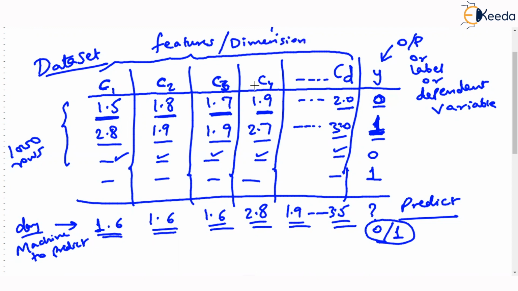So we say we have got d-dimensional data because there are d values in each data point. In each data point there are d values, or we say we have got d features because there are d columns, or each of these variables is called an independent variable.